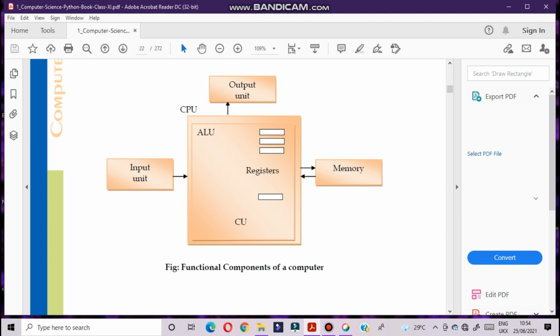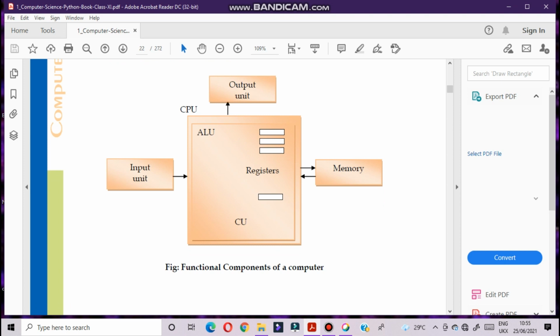What is the use of memory? It holds the data or instructions during processing. After processing it sends the information to the output unit. What is the use of the output unit? It produces the results or output.